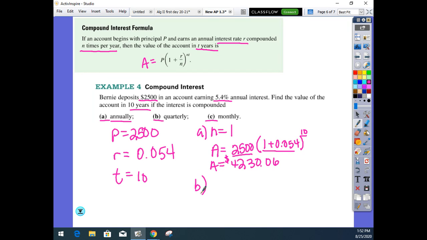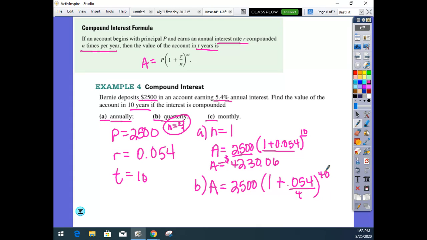Let's see what happens when we change this to quarterly. Quarterly means 4 times a year, so N is 4. A equals 2,500 times 1 plus the rate, 0.054, divided by 4 this time, because remember, N is 4, raised to the 4 times 10.